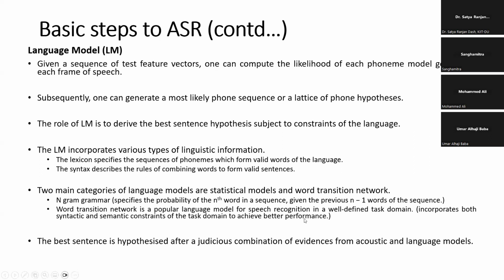For example, a bigram model will tell you the probability of two words occurring together. Suppose cat is, how likely is it that those two words will come together. That way n-grams or bigrams will tell you that. And then you have the word transition network as well, which will also be used to predict the word sequence.